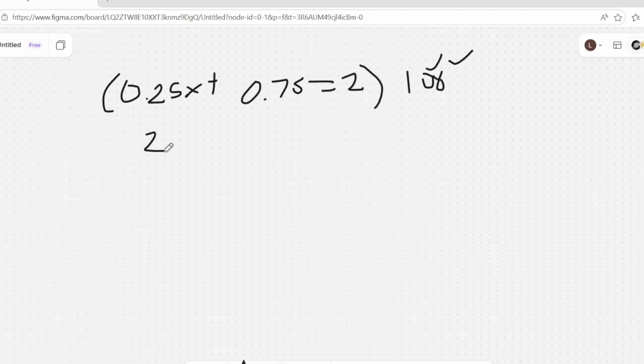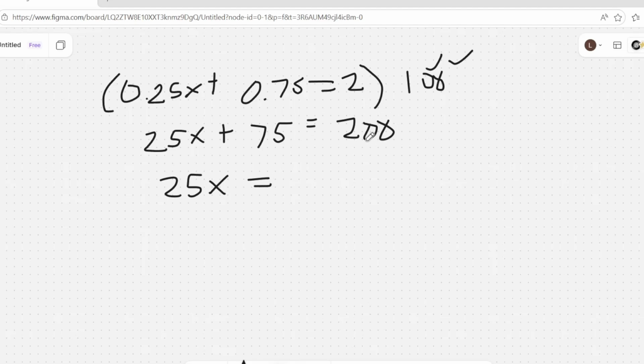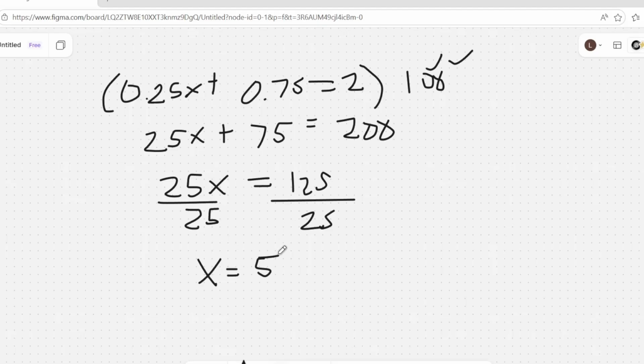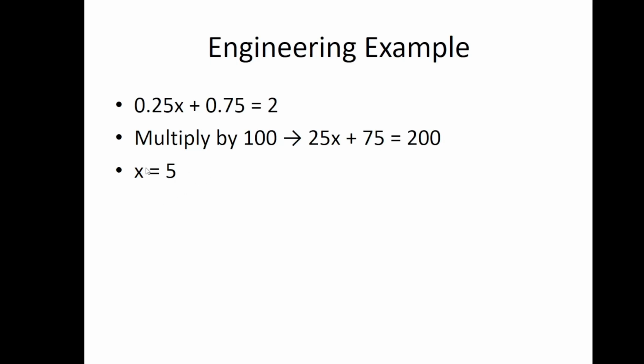So 25x plus 75 is equal to 200. We can simplify it further: 25x is equal to 200 minus 75, which is 125. So we divide both sides by 25. Our answer x will be equal to 5. So our x value is 5. As you can see, the same here.